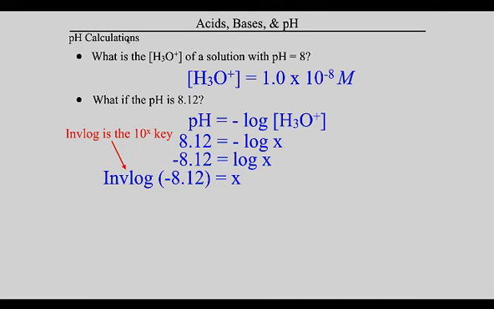If you find the log button on your calculator, you'll find that the second log, the shift log, which on most of your TI calculators is in yellow, is the 10 to the x key. 10 to the x is actually the opposite of log. So what you're going to type in is second log negative 8.12. And the answer that you should get is 7.59 times 10 to the negative 9th molar.